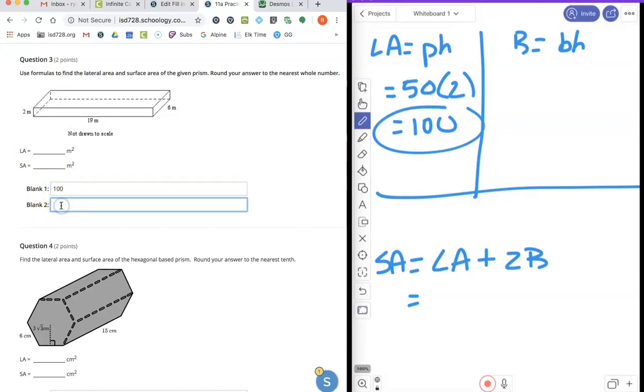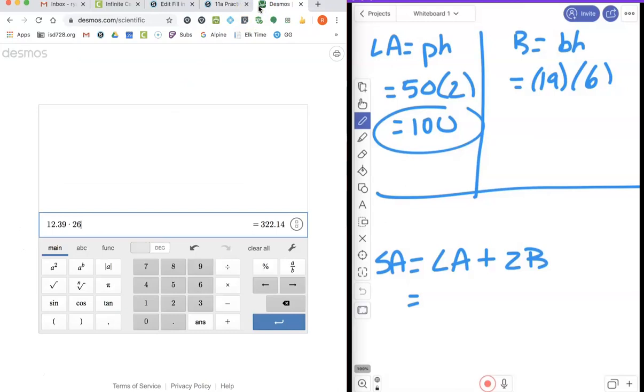For the surface area, we need B. We have base times height, now talking about the base of the bottom and the height of the bottom. So we have 19 times 6 for one base, which is 114. But remember, that's just one base.